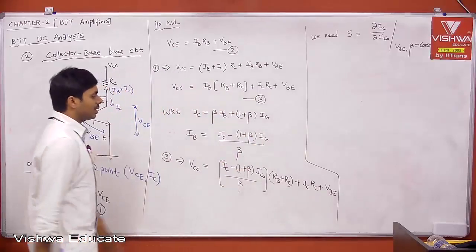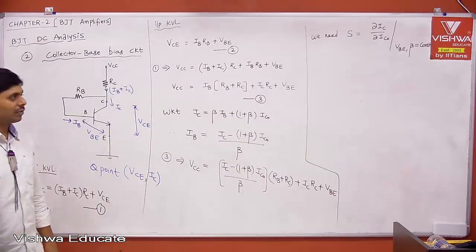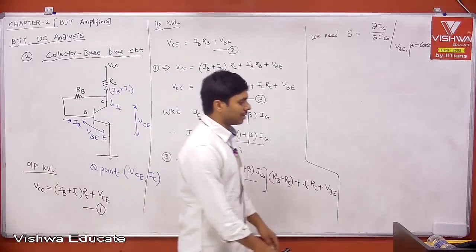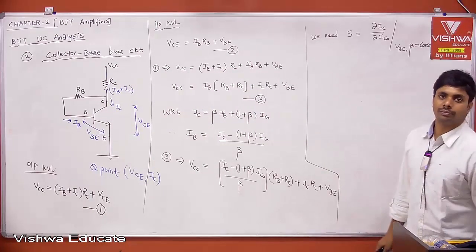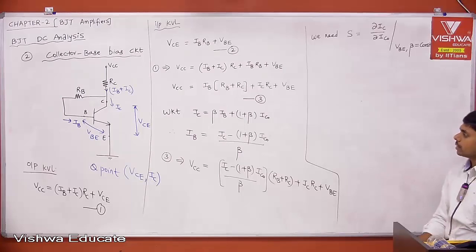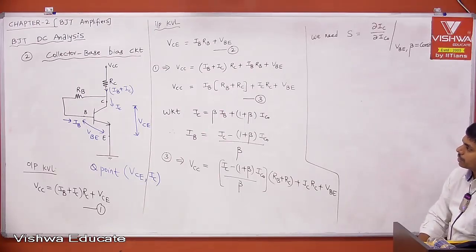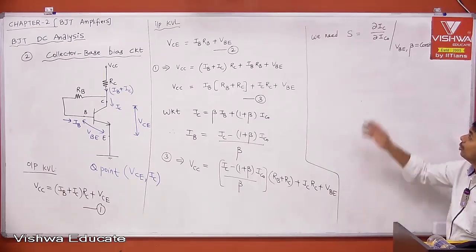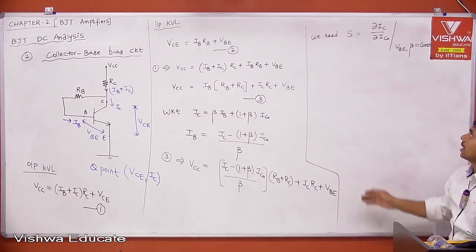Then you take it, differentiate, and tell me what your stability factor is. You differentiate this equation, IC with respect to IC naught, and then tell me what your S value is. That is homework for you. We have 7 more minutes for this session. Out of 7 minutes you can take 2 minutes to write, and the remaining 5 minutes you can invest to derive the stability factor.